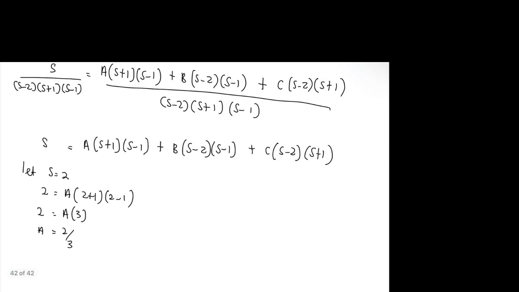Now I want to find B. If I want to find B, I need to make sure A and C go to 0. First, let's find what A and C have in common. We have s plus 1 here and s plus 1 here.